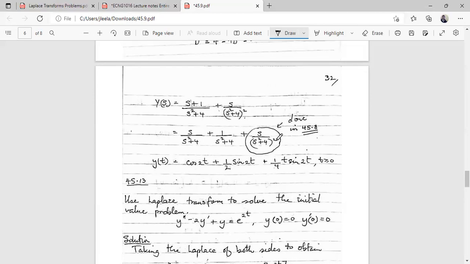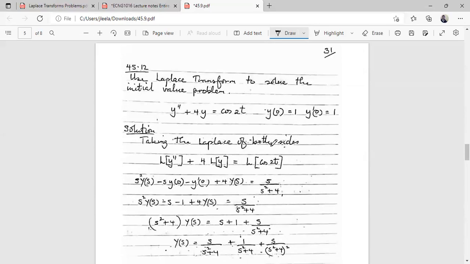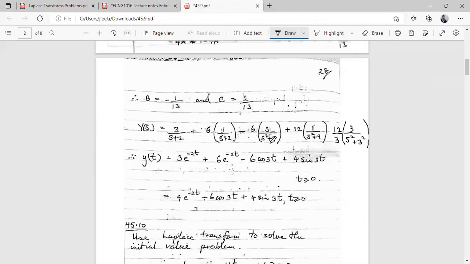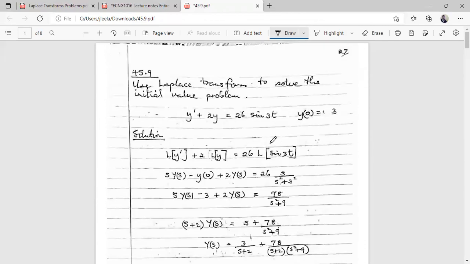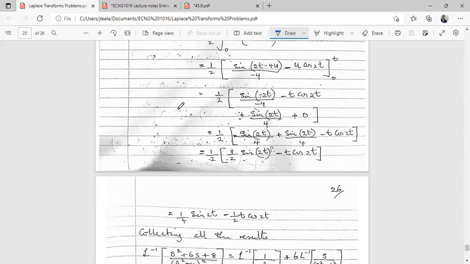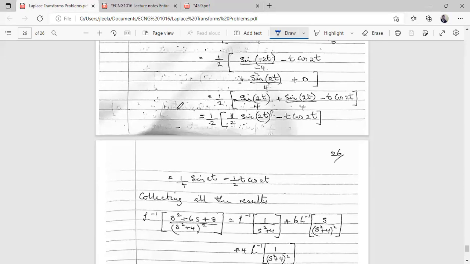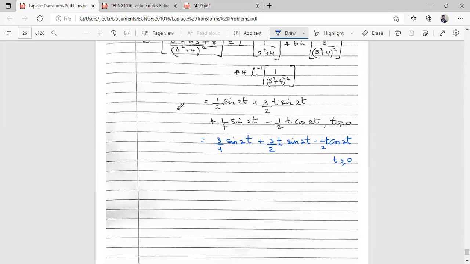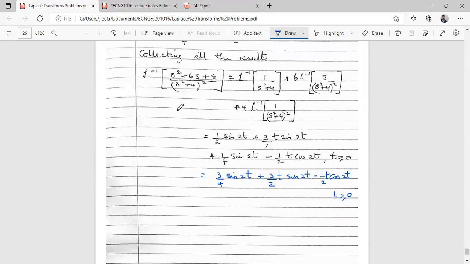So let me just go back up to 45.8. This is 45.8 here.